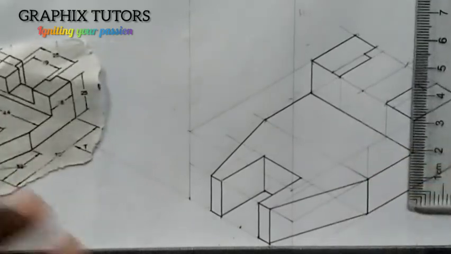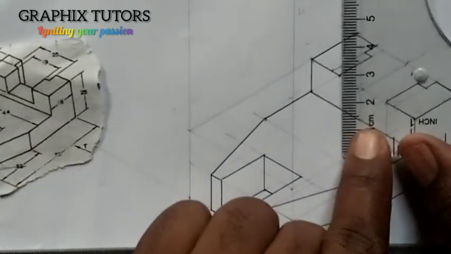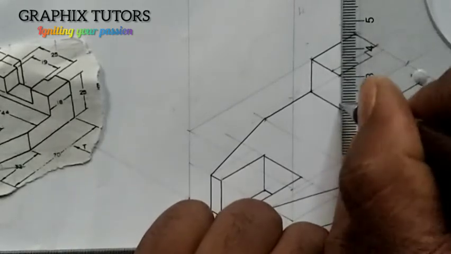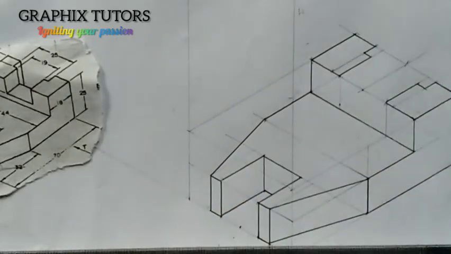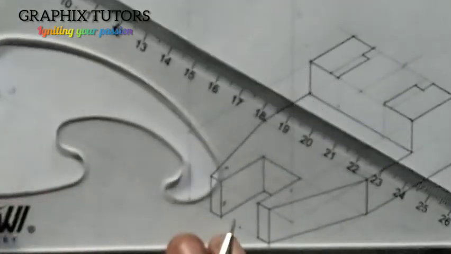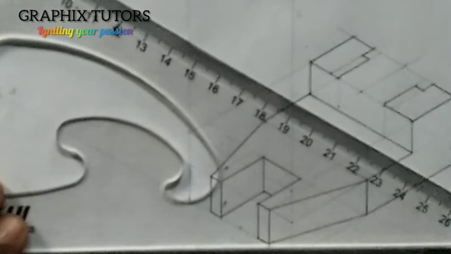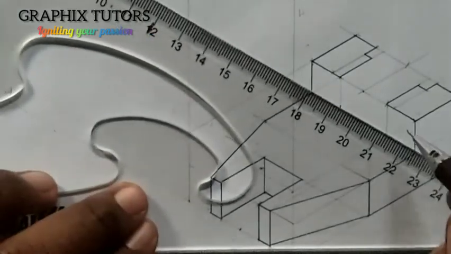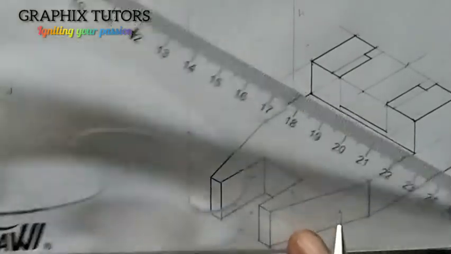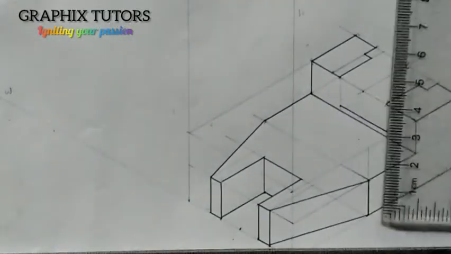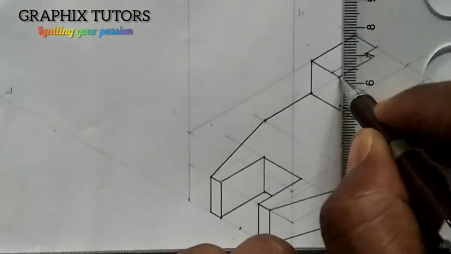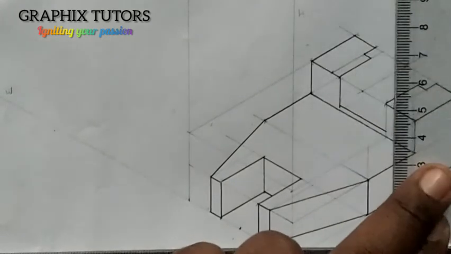I measure 10 down, so let me just use this and measure my 10 down. So from 3 to 2 is 10, right? So I'll just join it to this point. And join this one too to this point. Here too to this point.